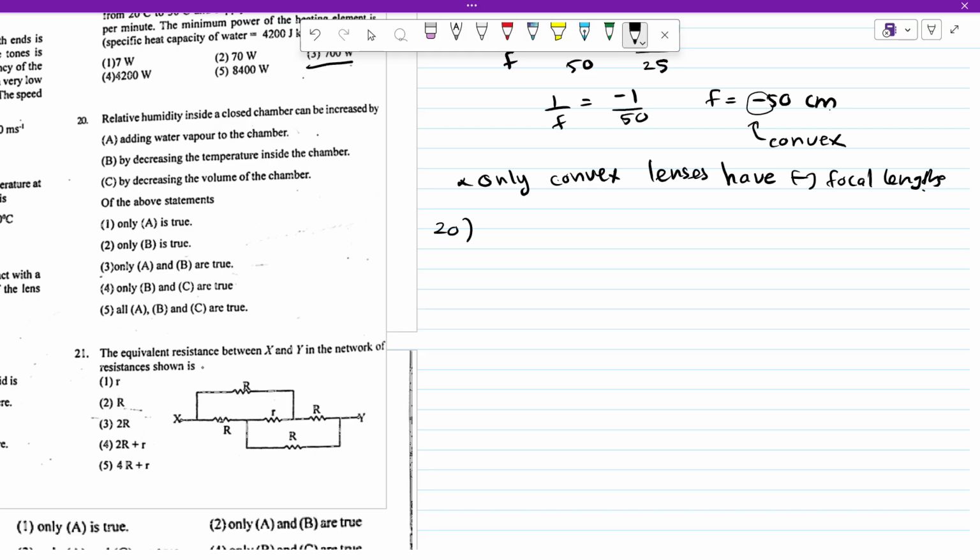The water vapor density in the chamber gradually increases, right? More water vapor inside a chamber means water vapor density increases. Don't get fooled by these scientific terms. Water vapor density, or the concentration, increases.